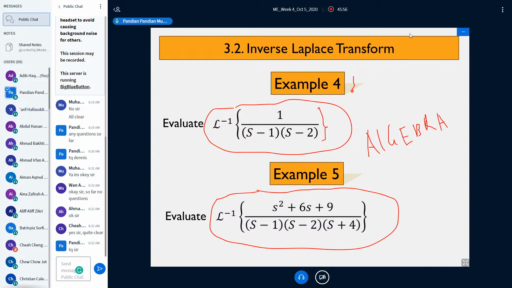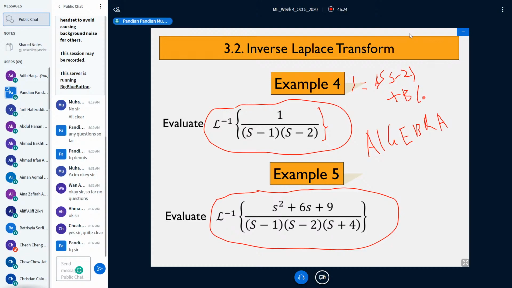So write down here, 1 equals a(s minus 2) plus b(s minus 1).